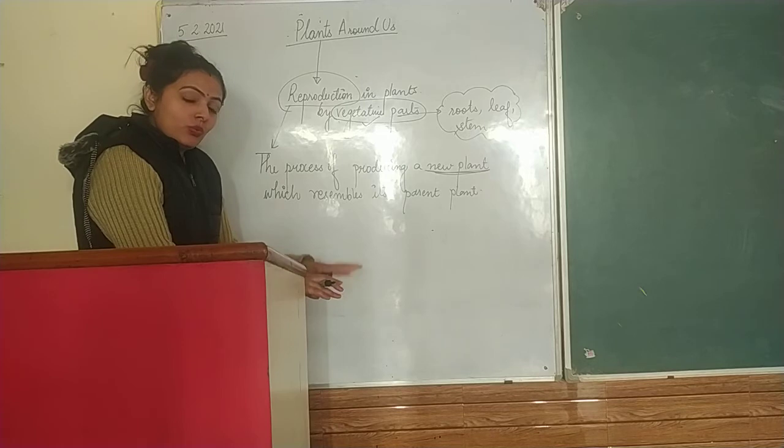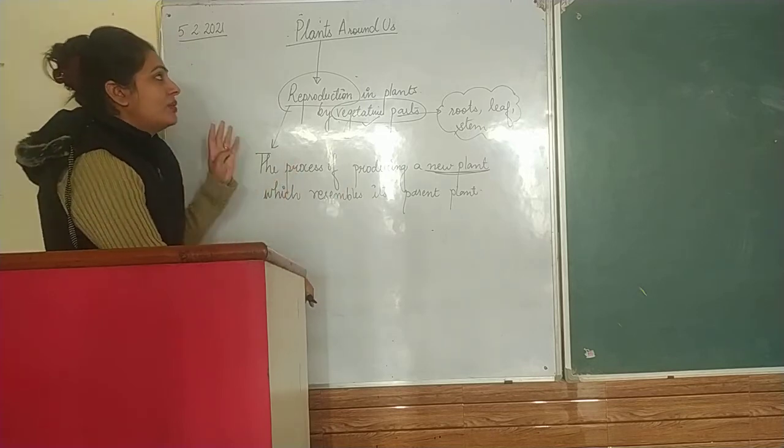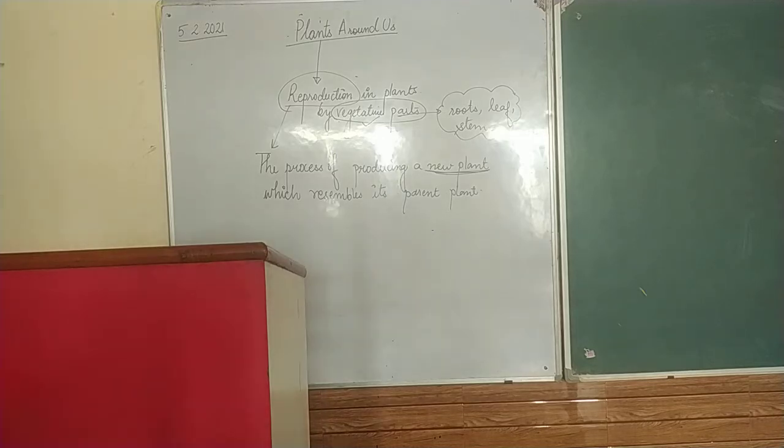So is that clear what we are going to study in this chapter? Please just look at it once again. Then we will study about the roots, how roots will produce, and then how leaf follows the process of reproduction, and how stems can produce a new plant. That we will study.